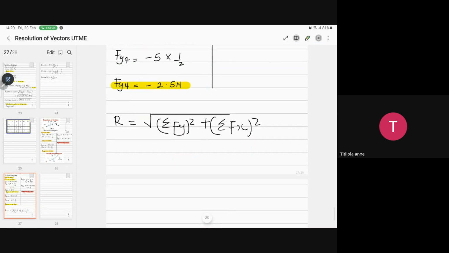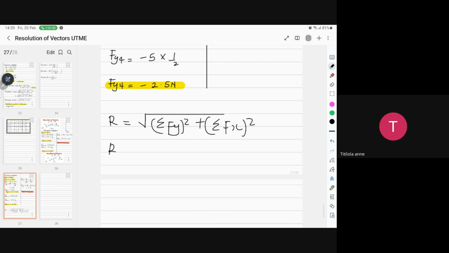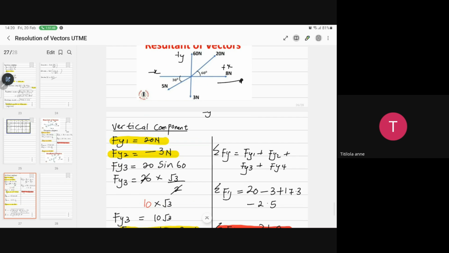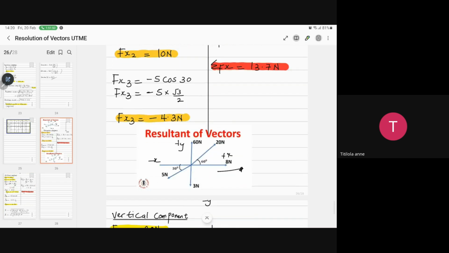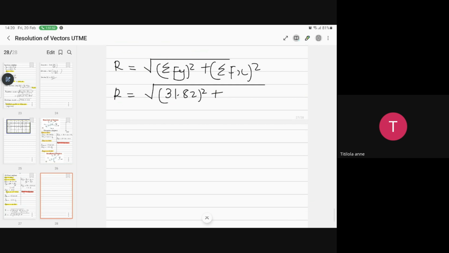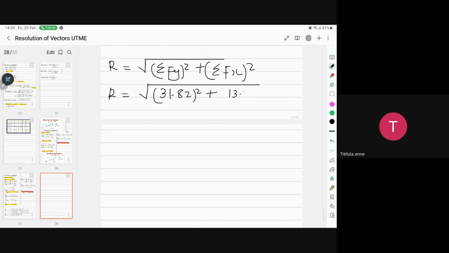So that resultant vector is equal to the square root of 31.82 all squared plus summation of Fx. Summation of Fx is 13.7. So I have 13.7 all squared.